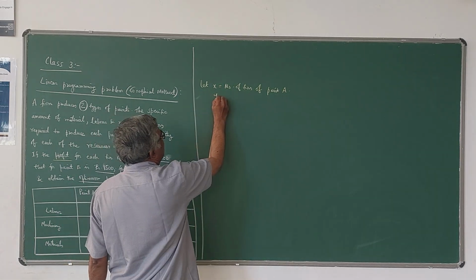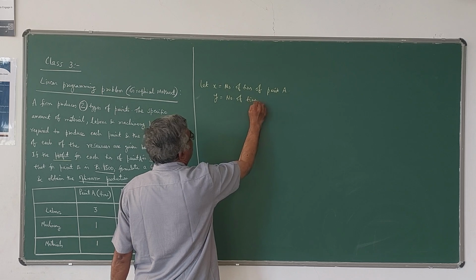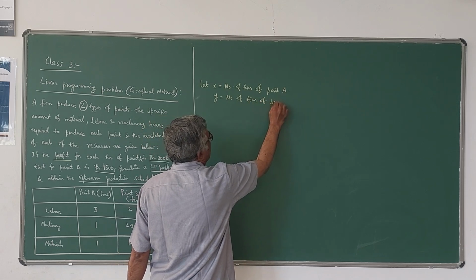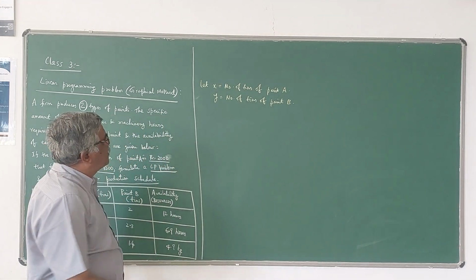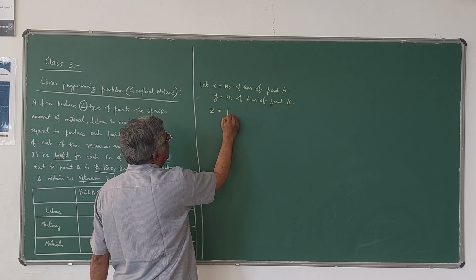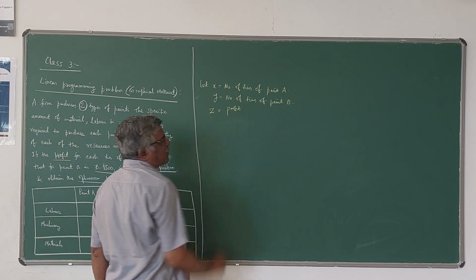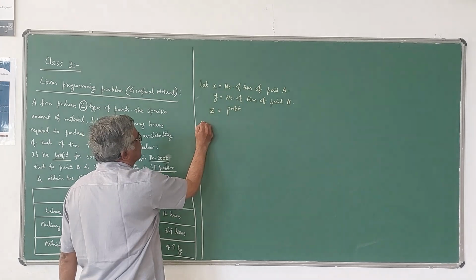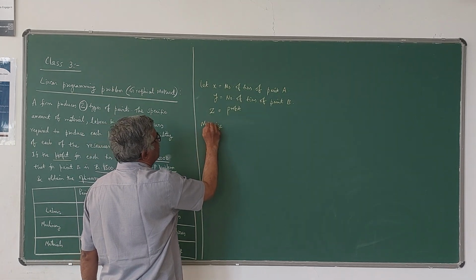Y be the number of tins of paint B. So these two are unknowns. We have to maximize the profit here. Let me take Z as the profit. So we have to maximize this profit. Now let us formulate the problem.